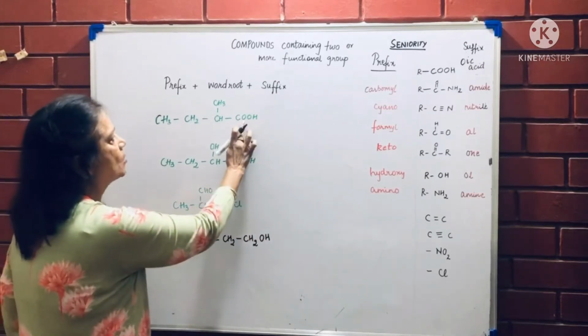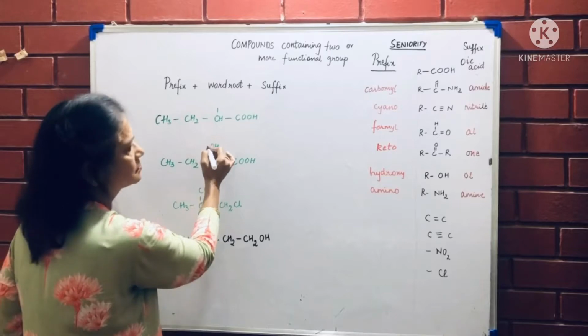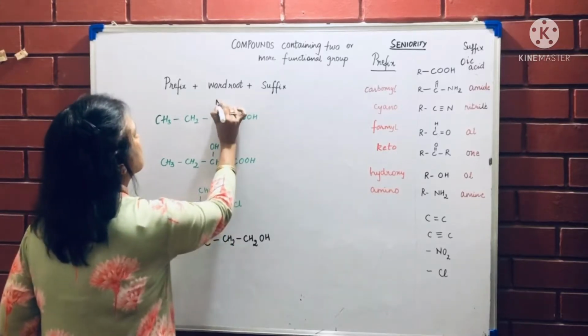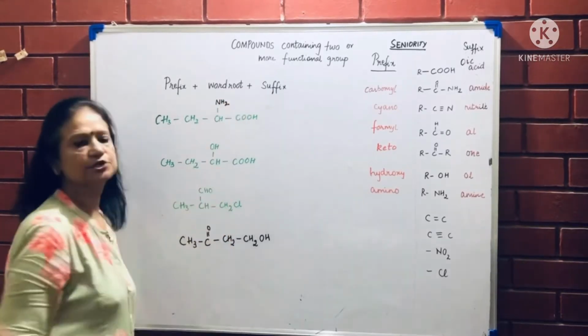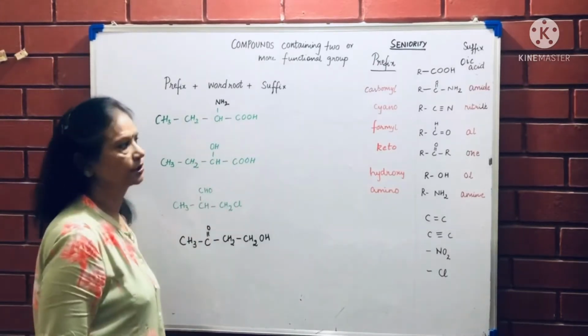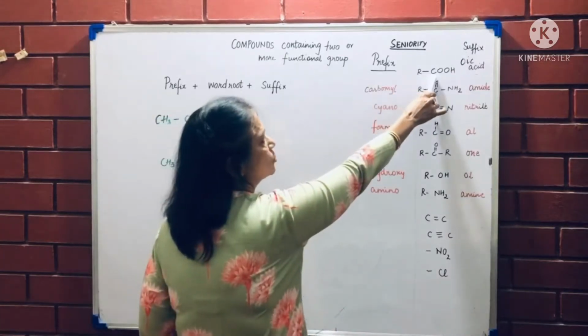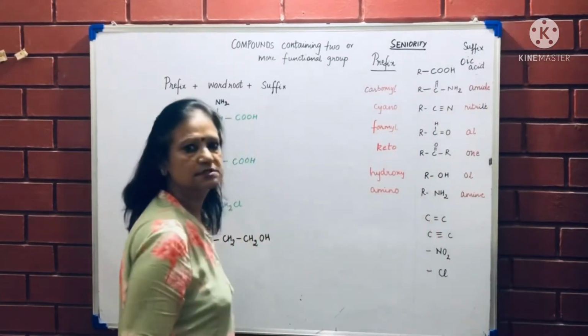Supposing there are two functional groups here, COOH and NH2 both. Now this is the seniority table, on which COOH is above and NH2 is below.